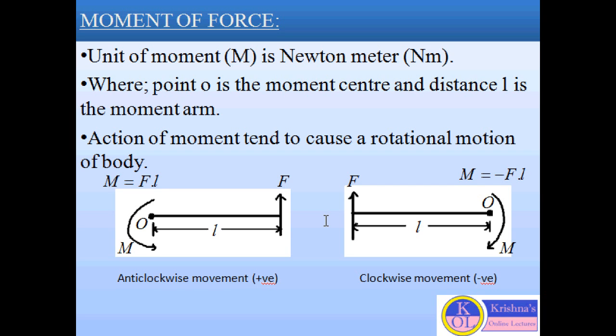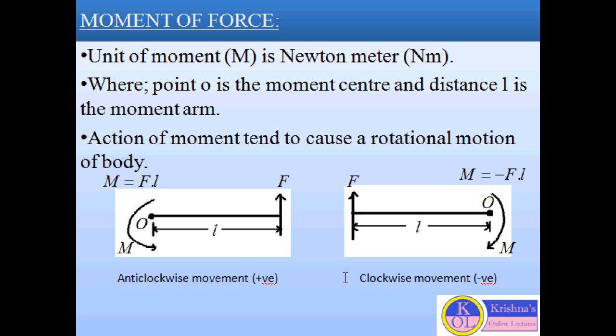This tendency of rotation or turning of the body due to moment of force may be clockwise or anti-clockwise. So if we apply force on any body, due to moment the body will rotate either in anti-clockwise or in clockwise direction.